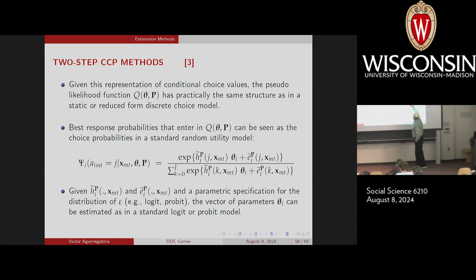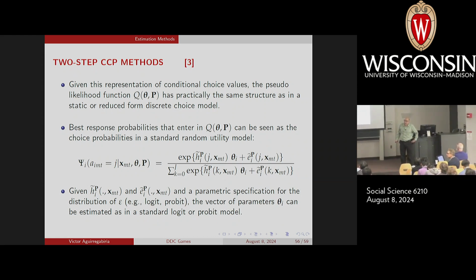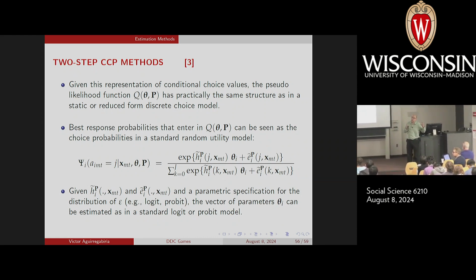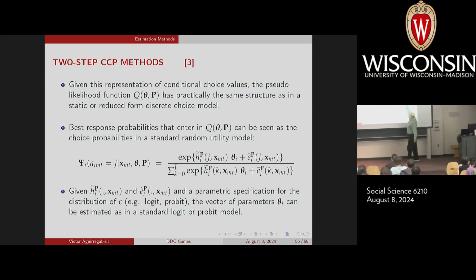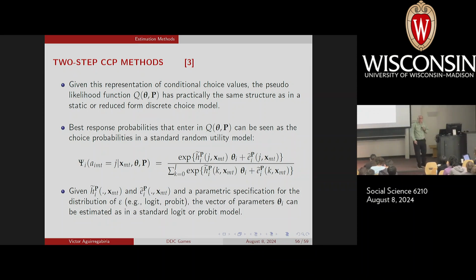Then given our initial estimate of p and my estimator of theta, I can use this expression to obtain a new estimate of the choice probabilities. I can then use this new estimate, which uses more structure of the model, some best response conditions and some parametric conditions, to construct new present values here and here. And then I can do the same thing again.